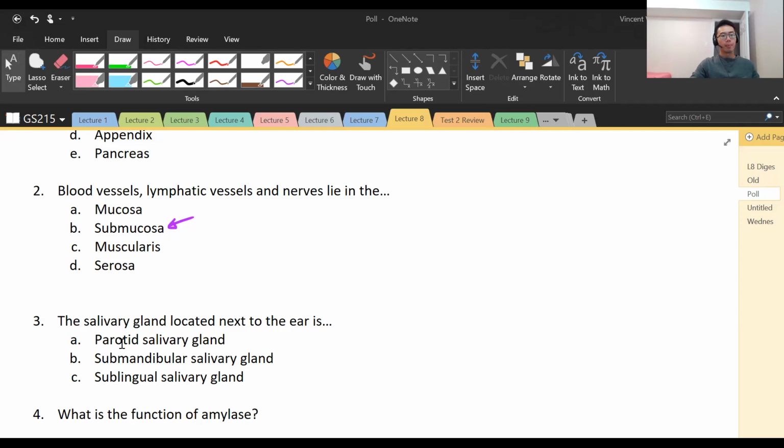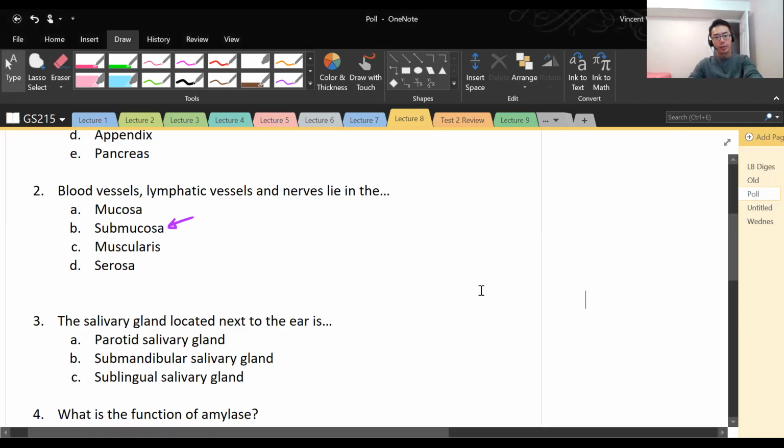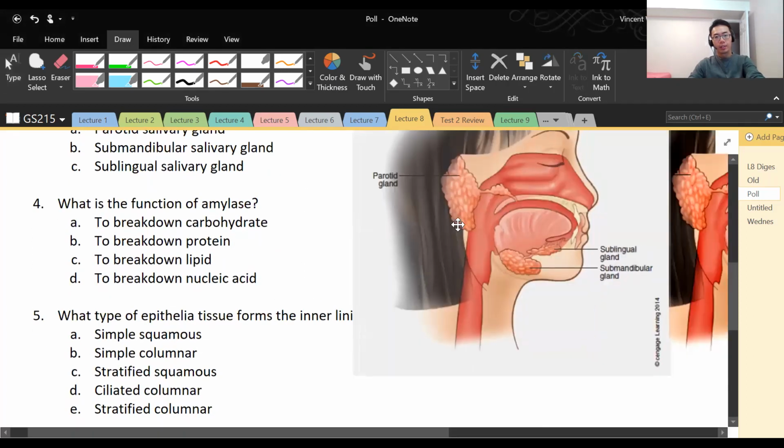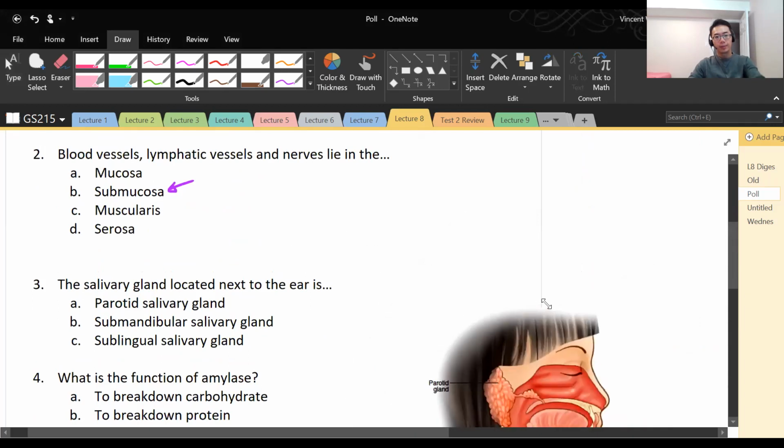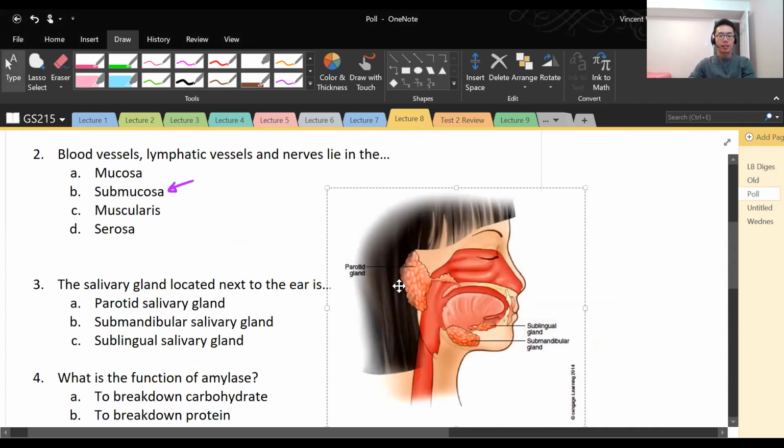It is the parotid. Just to show you a picture, to remind you where they are. Here is the parotid gland right next to the ear. This big thing here is the tongue. Underneath the tongue is the sublingual gland. Lingual means tongue.